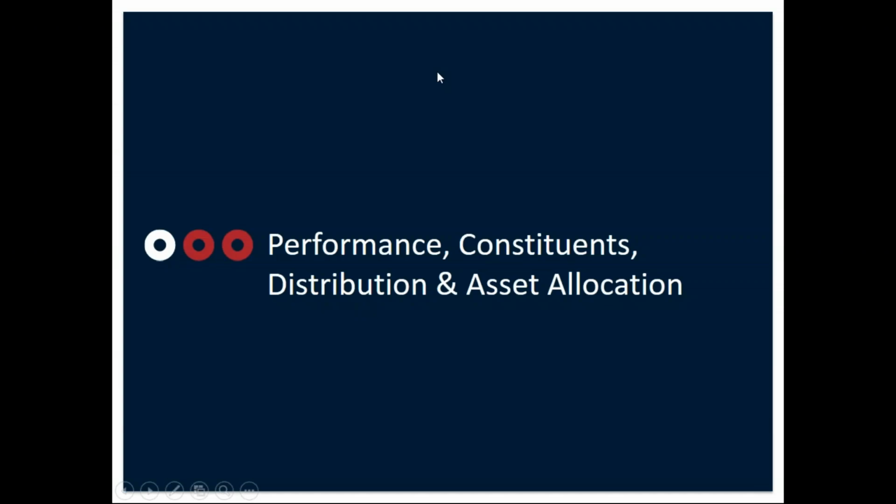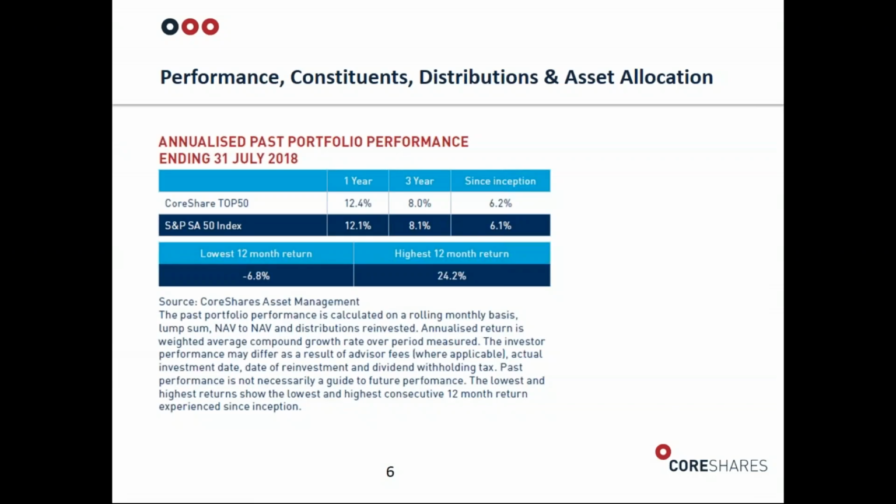So moving on to the next part of the fact sheet. That was the quick facts, as they call them. The next thing is performance, constituents, distributions. And you'll see here, these are mostly performance stats.